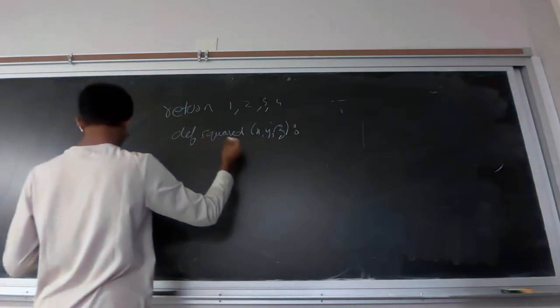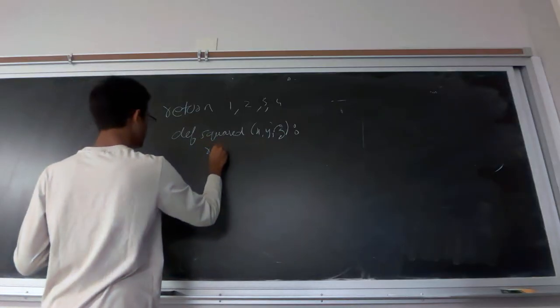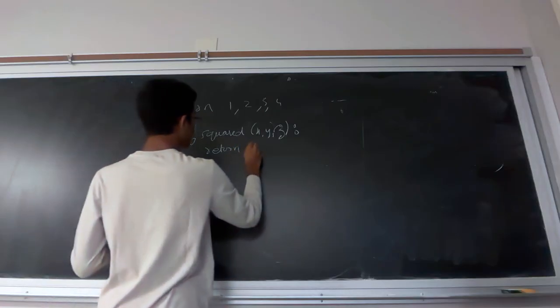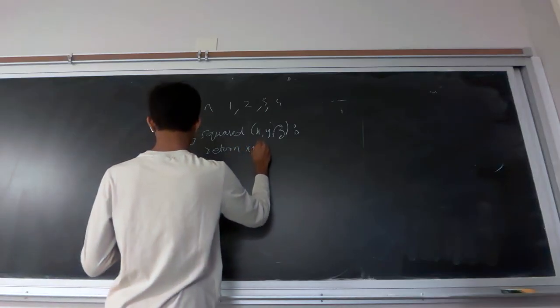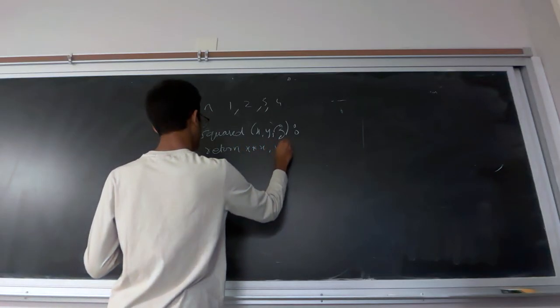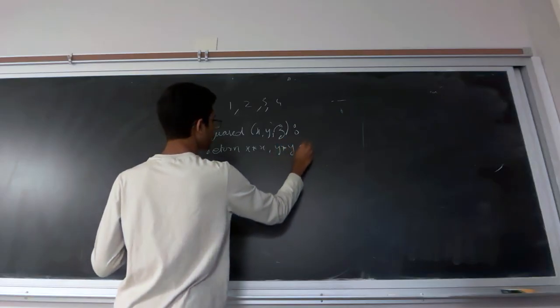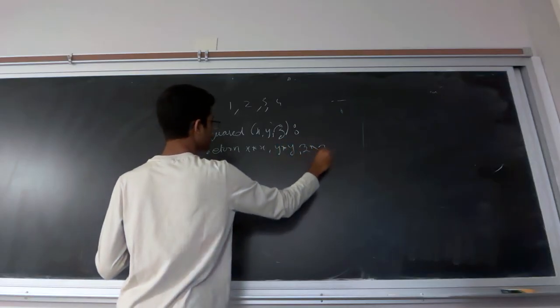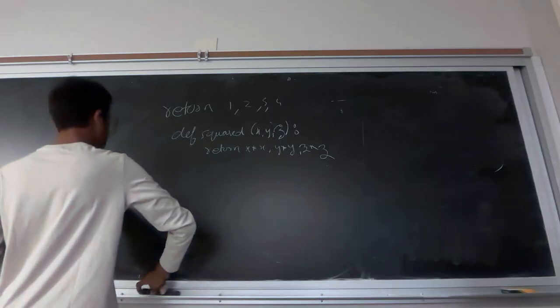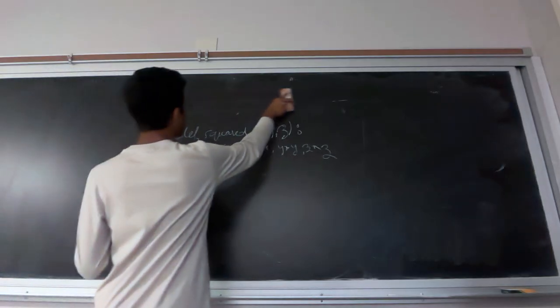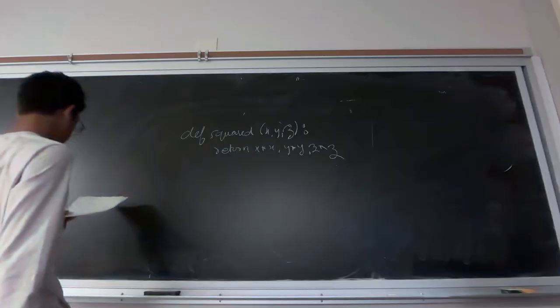And what I essentially will do here is I'll write return x star x, comma y star y, comma z star z. So this function is basically squaring the numbers which I have and returning them.